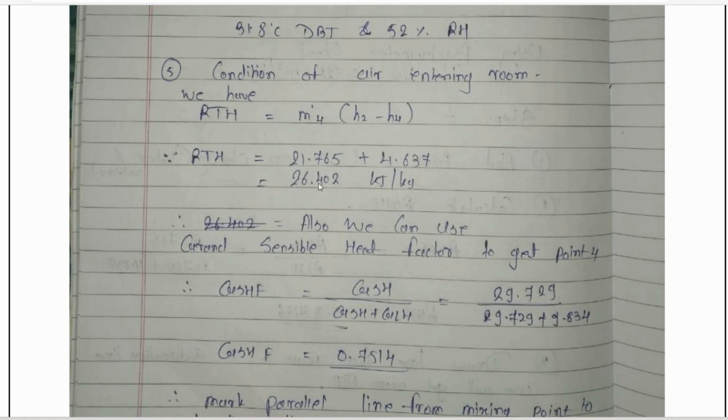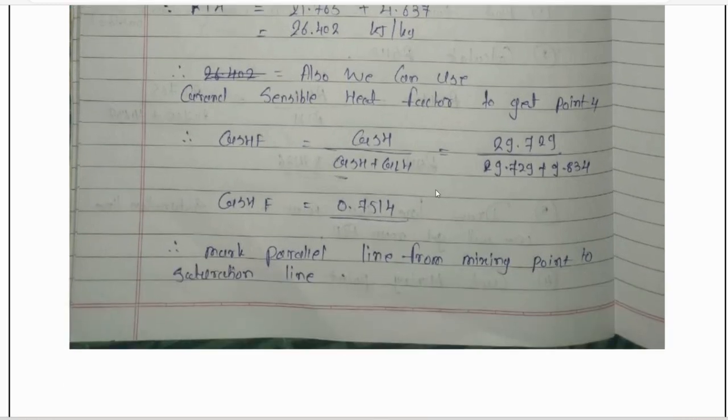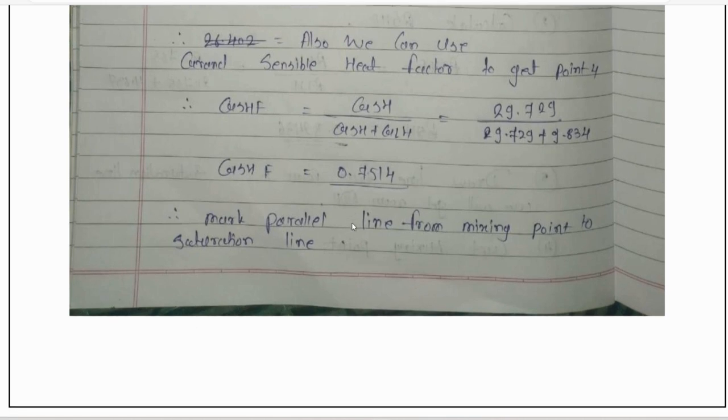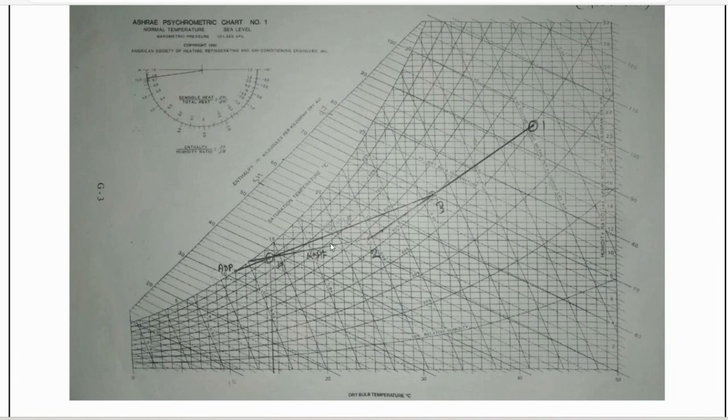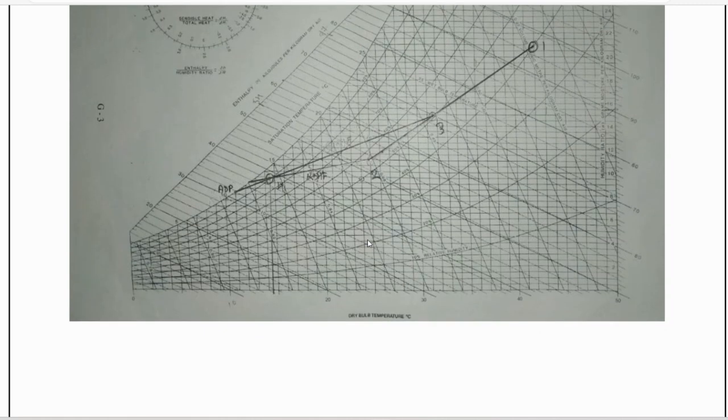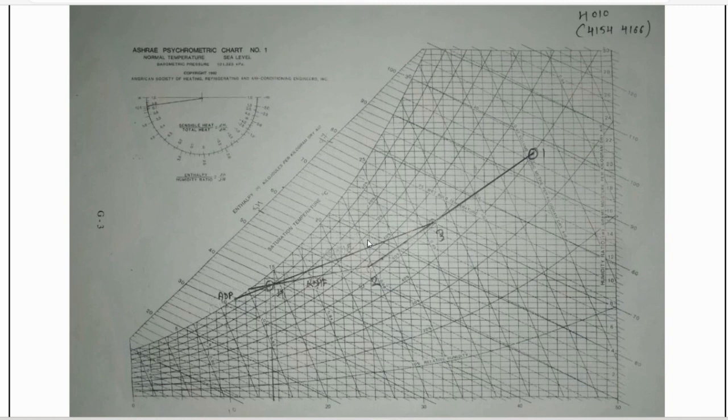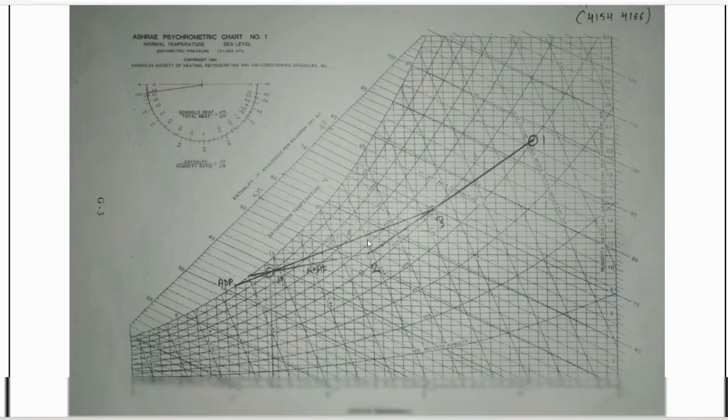So room total heat we have is 26.402 kilojoule per kg, and grand sensible heat factor we also have as 0.7514. So make a parallel line to the saturation line. Here you will get the grand sensible heat factor line, and this is the room sensible heat factor line. In this way we can solve the numerical and get the value of total heating load or cooling load.